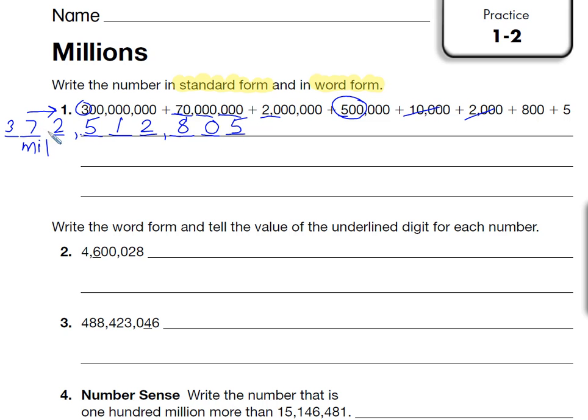So 372,512,805. That's standard form. In word form, that's where you have to do some writing. So you're going to write 372 million, comma, then you're going to continue, 512,000.